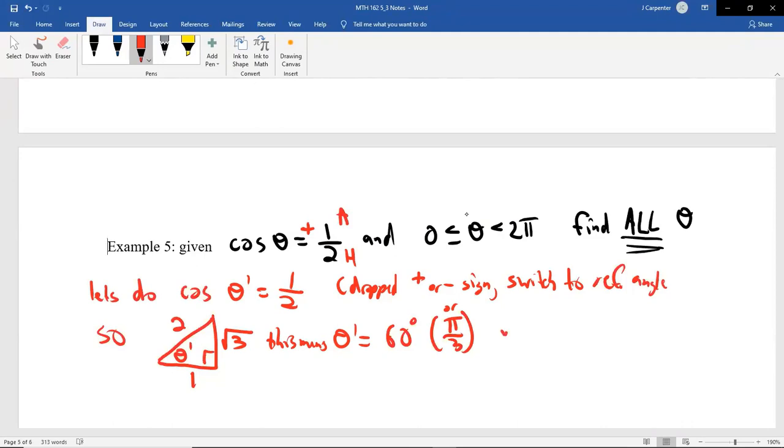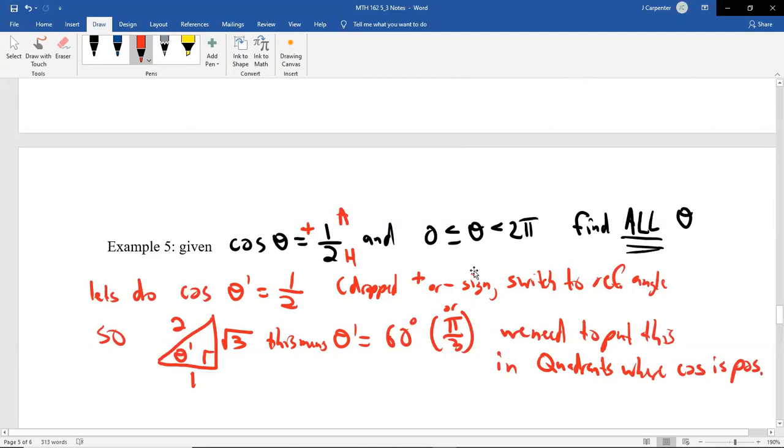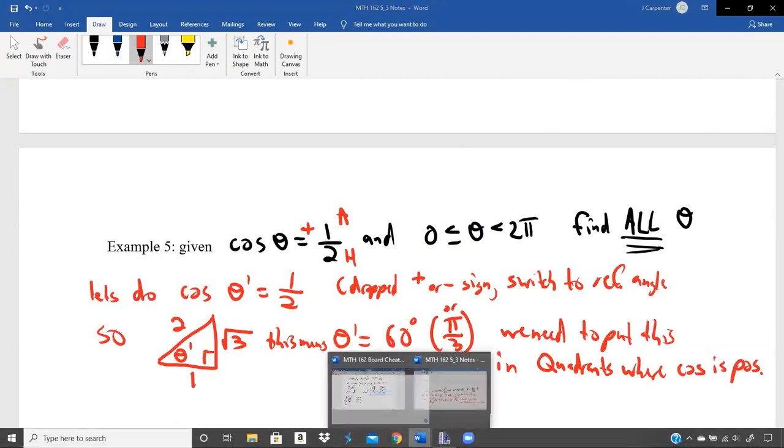But we need to put this in the right quadrant. Well, in which quadrants is cosine positive? In a smart trig class, you could work it out that way. You could remember that cosine goes like the x coordinate. So x is positive when you go right, which means quadrants 1 and 4.